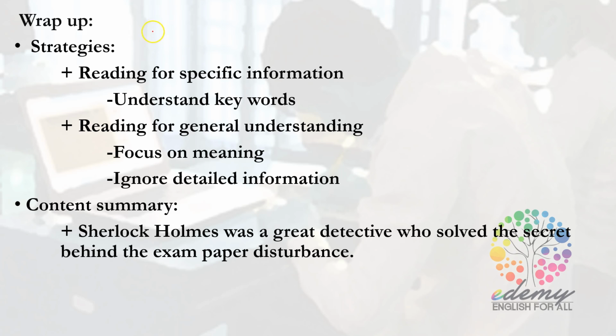Okay everyone, let's do some wrap up all together. Today you have learned the strategy for reading for specific information and reading for general understanding, or reading for gist. You can say both of them, either way.